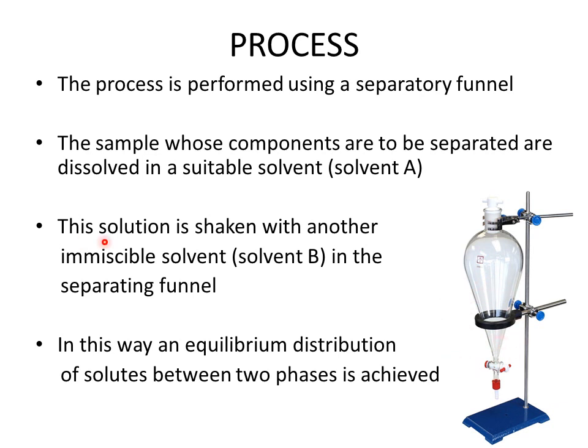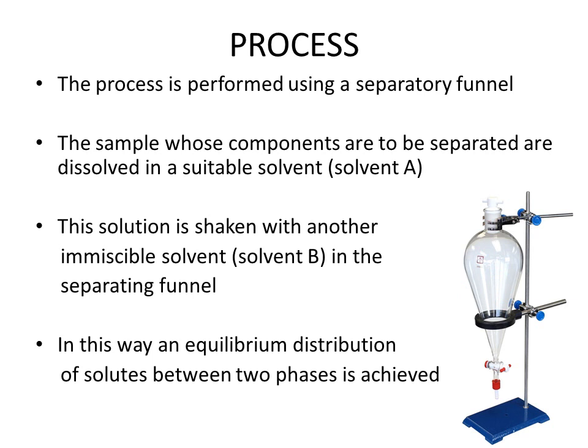Then this solution is shaken with another immiscible solvent, solvent B, in the separating funnel. We will take another solvent which is different from solvent A, called solvent B, and we will fill it in this separating funnel.